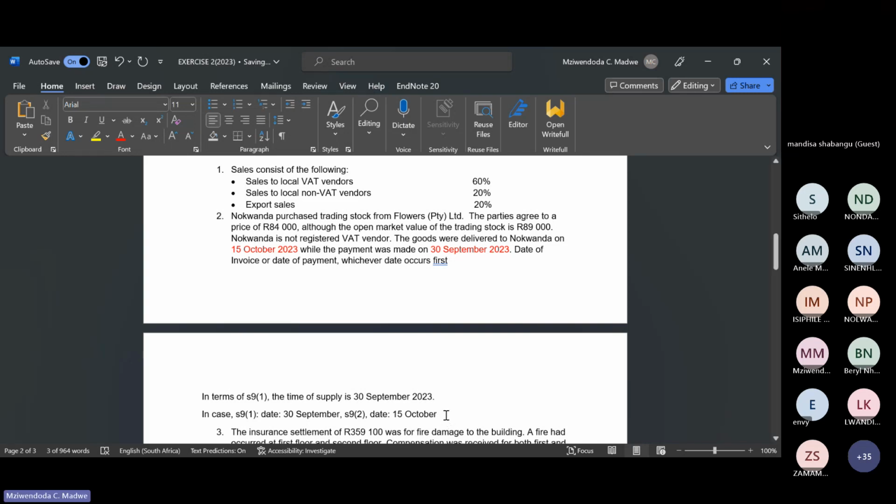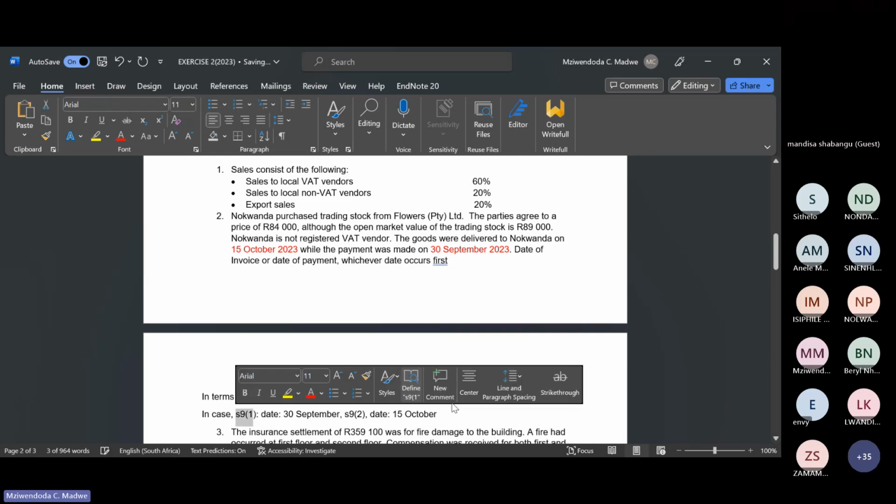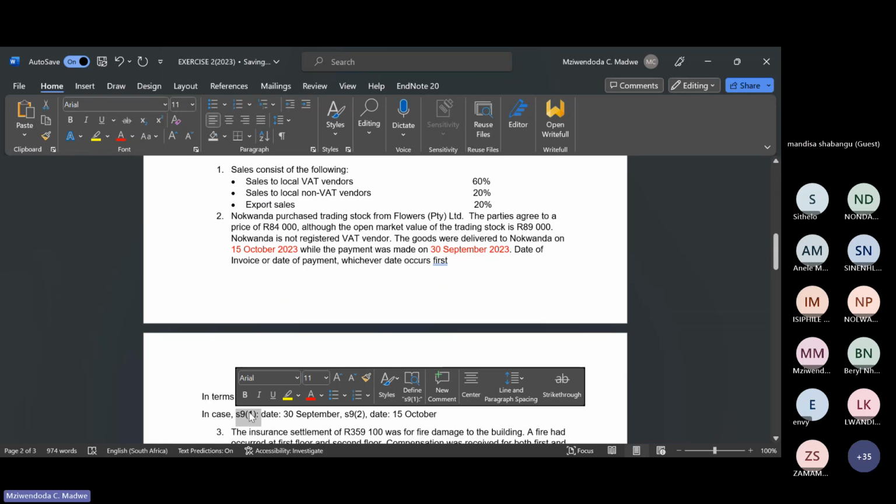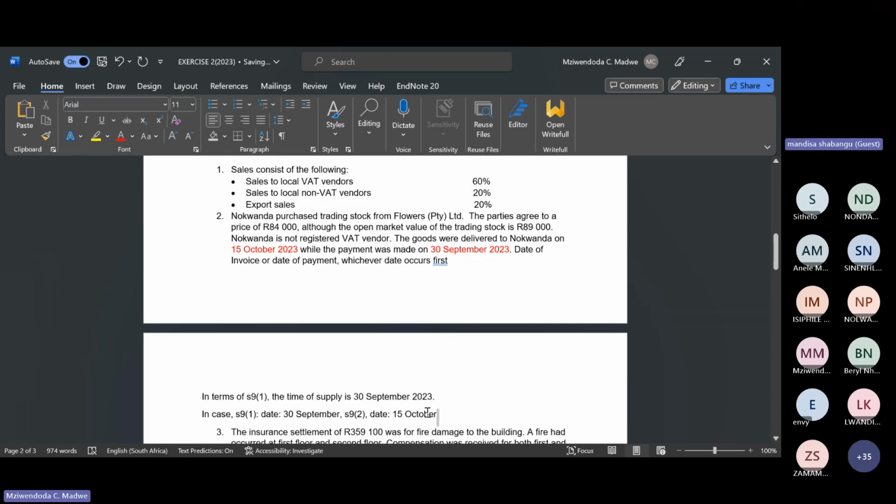So the question says, since these 2 sections give you different dates, which date will you finally use as the time of supply? Okay, I am saying here, the provision says once the date of section 9, subsection 1 occurs before the date of subsection 2, you use section 9, subsection 1.